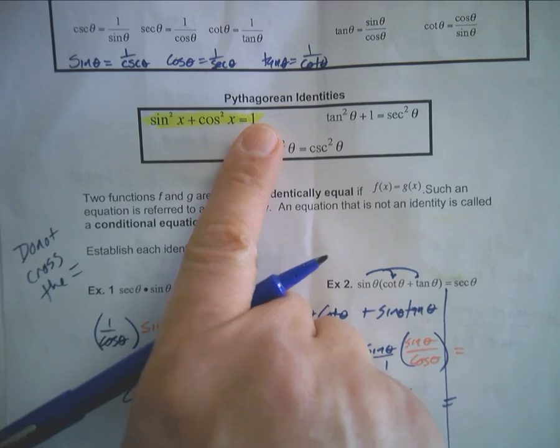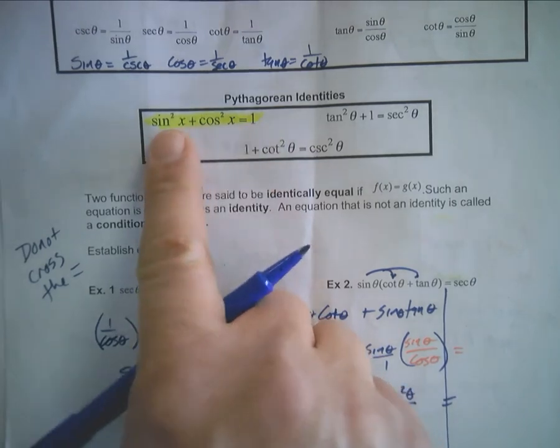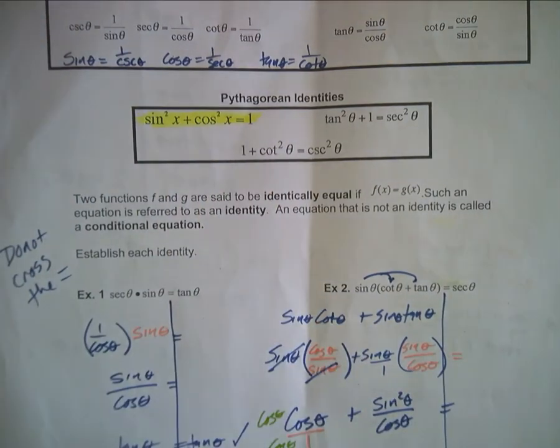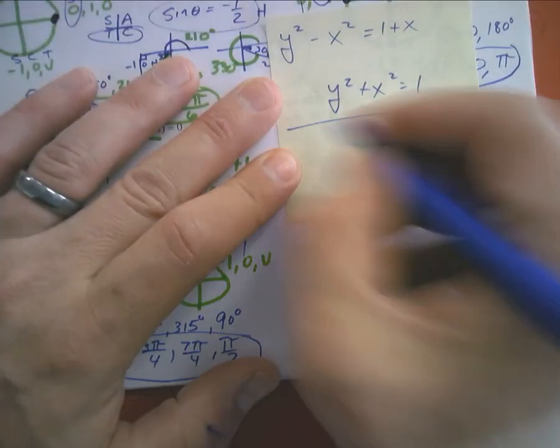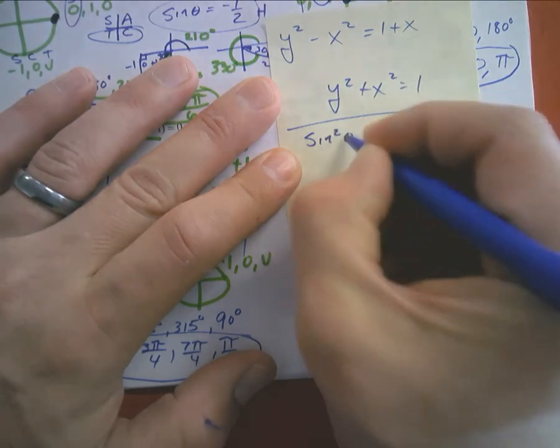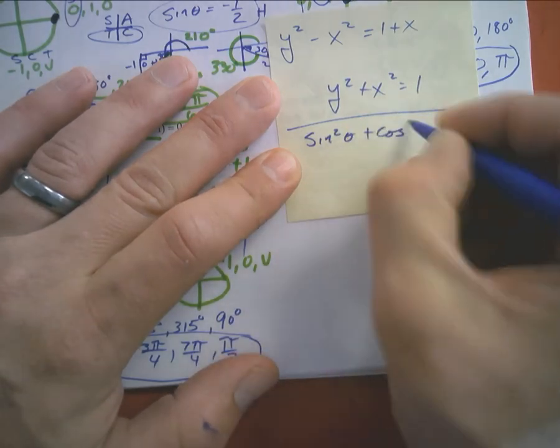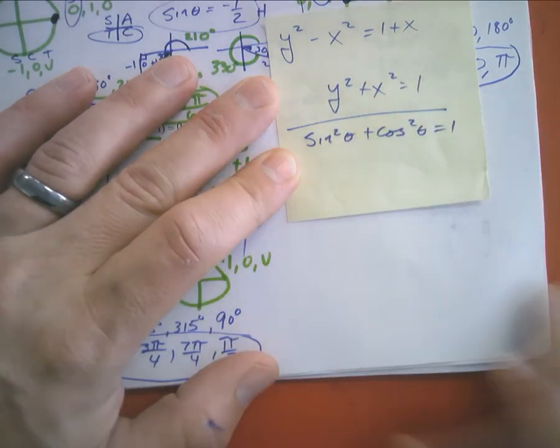Or at least we should have. This is one of your Pythagorean identities. So if I start seeing squared terms, I'm starting to say, hey, can I use some substitution here?